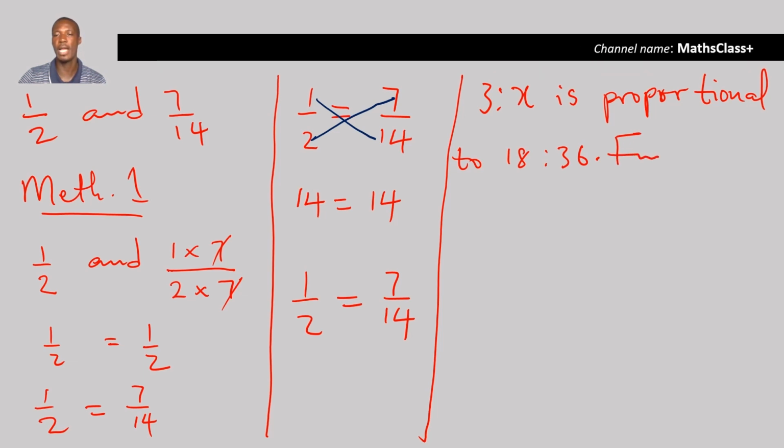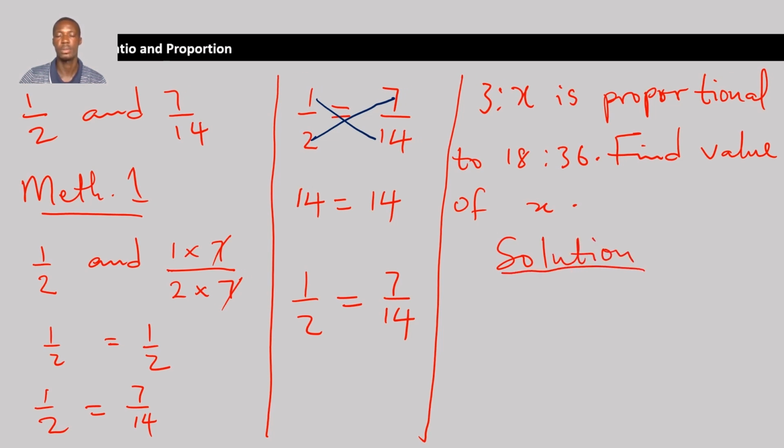Then you have to find the value of x. So our solution will be 3 over x is equal to 18 over 36.